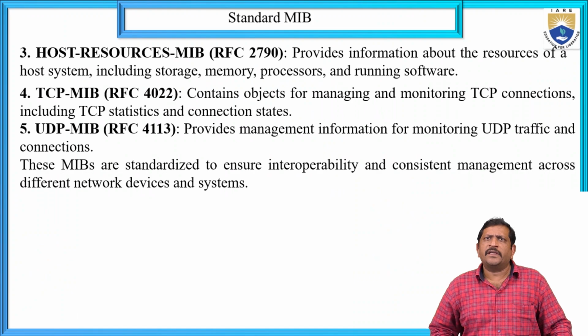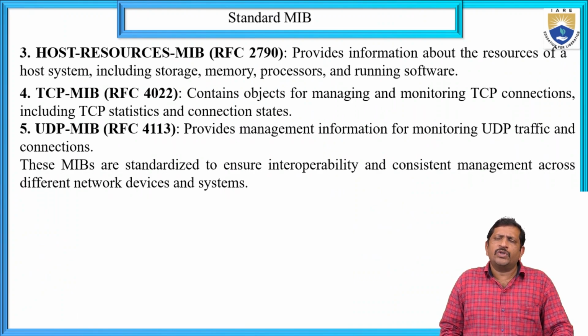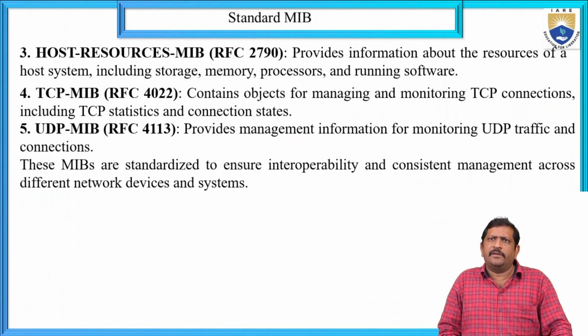The next standard is the Host Resources MIB standard, for which we are using RFC 2790. This standard provides information about the resources of a host system, including storage, memory, processes and running software.